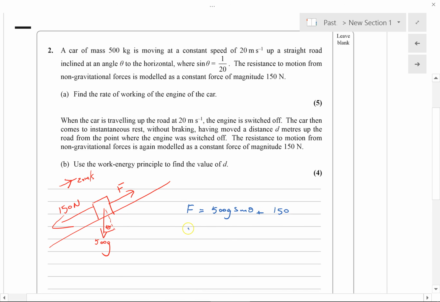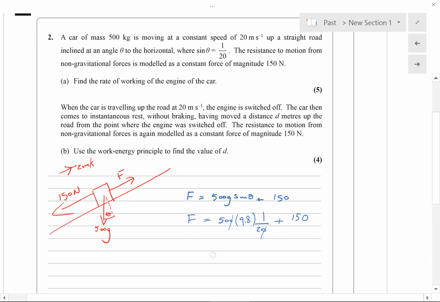Working that out, F is equal to 500 times 9.8 times 1/20, plus 150. That's going to be 50 times 9.8, and all that works out to 395 newtons, I think.